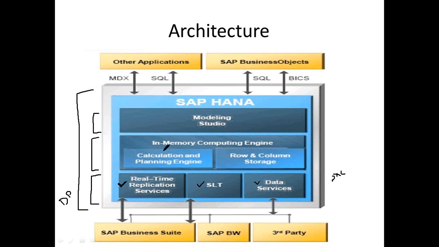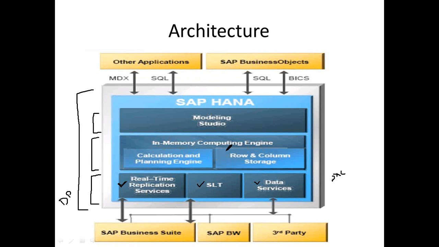It translates the data from, let's say, MDX, SQL, BIX, converts that into native SQL, and breaks down bigger queries into smaller queries. All of that is handled in the calculation and planning engine. It is also able to support a few financial planning applications on top of SAP HANA. So you have the planning engine as well.